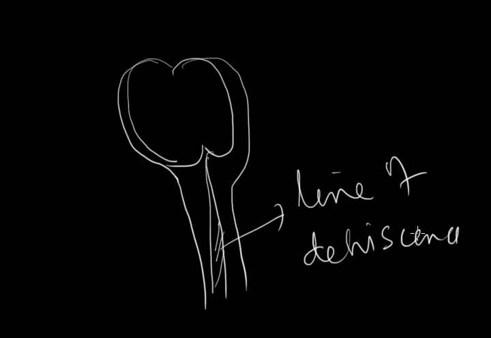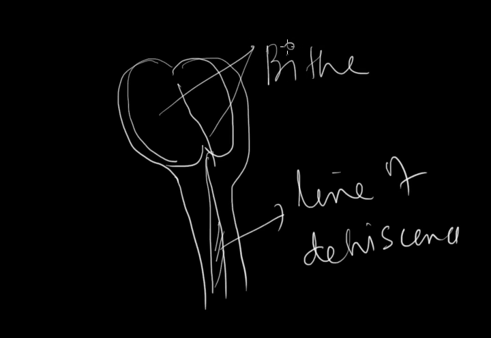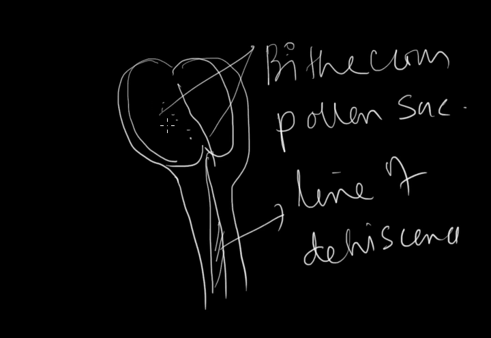At the same time, this is a bithecous pollen sac, a special term we use, which contains pollen grains inside it, and each pollen grain, on being discharged, has this type of shape.